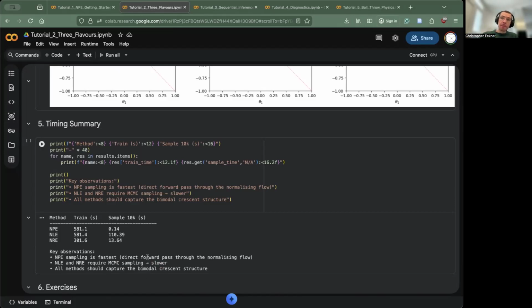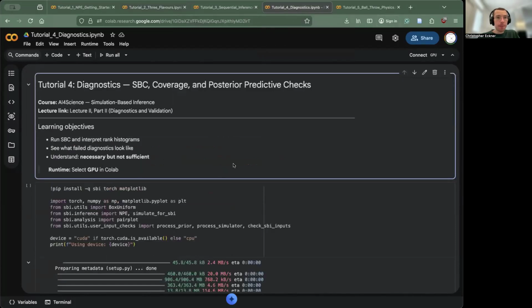But then sampling is fastest for neural posterior estimation because it is the fundamental property that you are sampling, while the others need other methods first in order to actually get the samples from what they derived. And again, there are some exercises in this notebook.